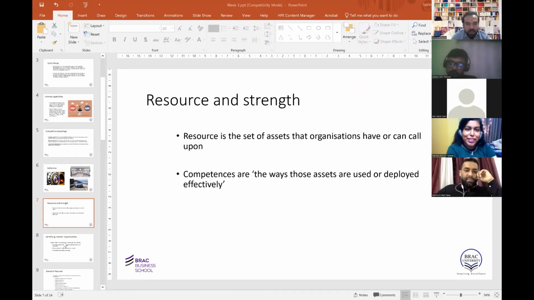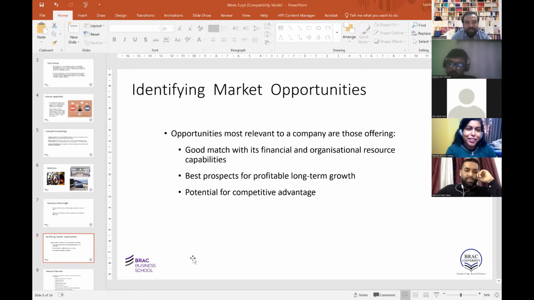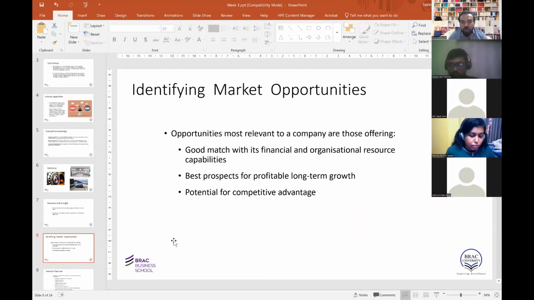Now let's talk about identifying market opportunities. When you have your resources and your competences, you need to understand how you can identify market opportunities. Opportunities most relevant to a company are those offering a good match with its financial and organizational resources and capabilities, the best prospects for profitable long-term growth, and potential for competitive advantage.